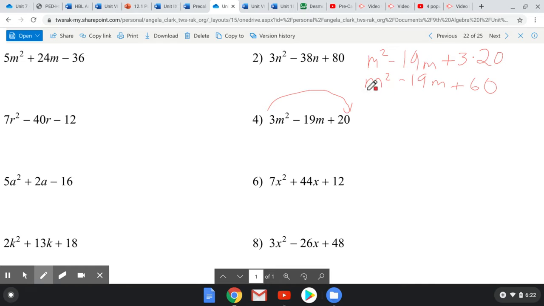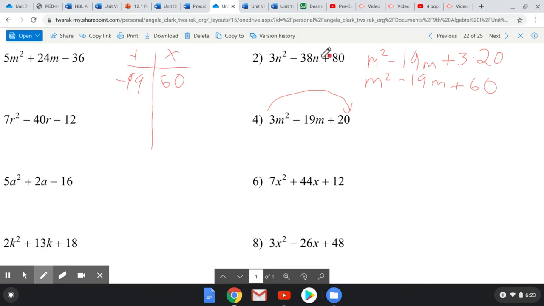But we're using this trick to simplify things for us, basically so that we don't have to do the grouping part of what I did in the last video. So we still need to figure out factors that multiply to 60 and add to negative 19 though. So just like with the AC method, we still end up having to find something that multiplies to 60 and adds to negative 19.